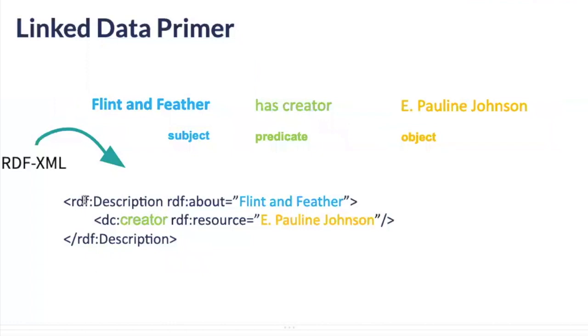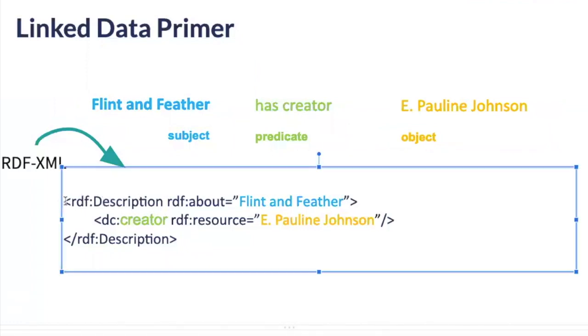Here we've got an XML element which opens here and closes here, and it's telling us that this entire element is about Flint and Feather. So here's our subject, and that Flint and Feather has the creator, E. Pauline Johnson.